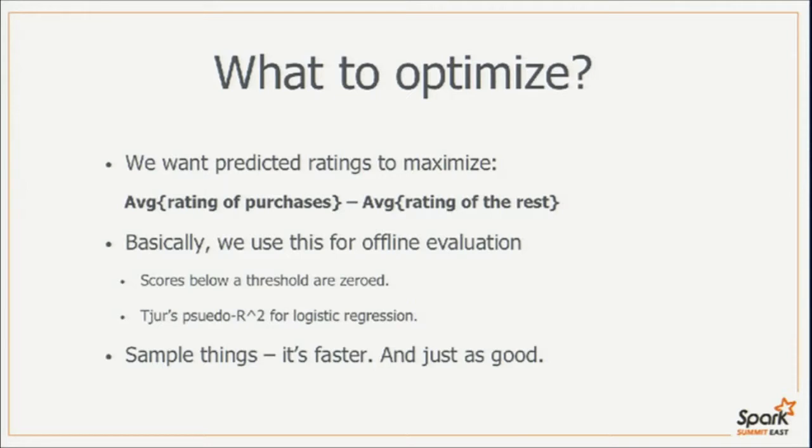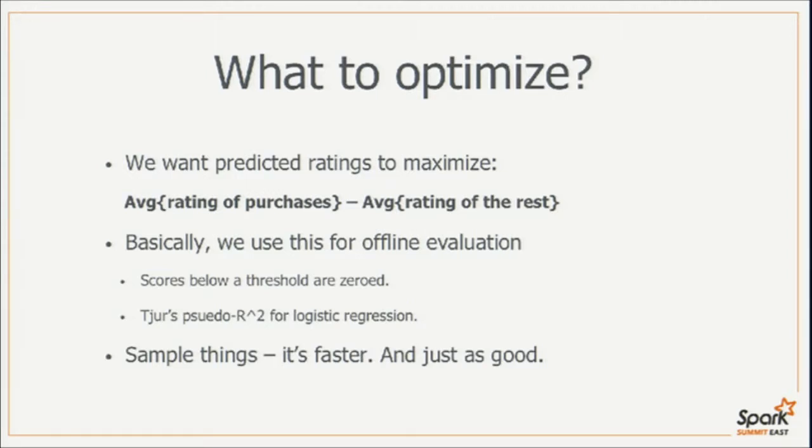Hold something out, see whether the things that we think people like are things they actually buy versus not. And we can do some cleanup to remove scores that are below a threshold. If we're never going to show this to a user, it doesn't really matter if we're really good at knowing they hate it. This is essentially borrowed from the pseudo R squared for logistic regression, which is a similar kind of prediction space.